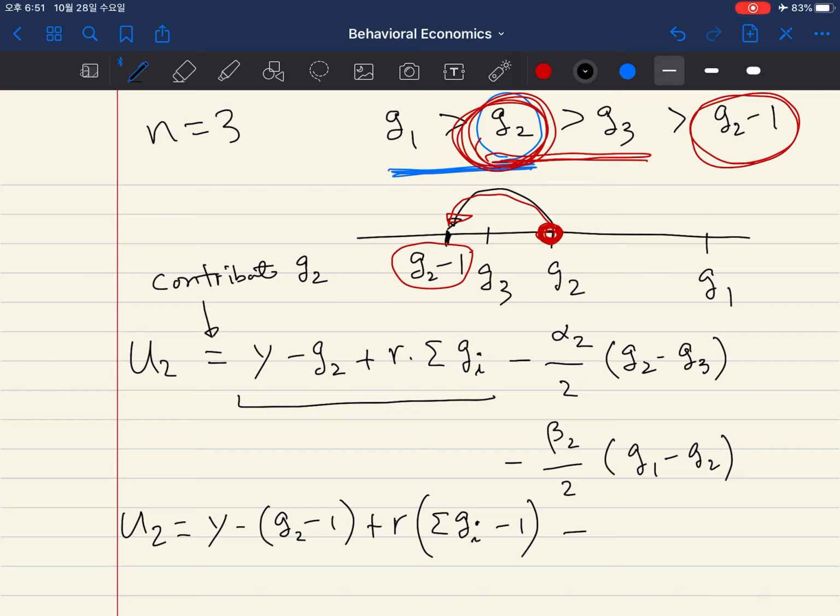And in this simple situation, in this example, we can see that the second individual is going to feel compassion about the first individual and the third individual. So we only have beta.